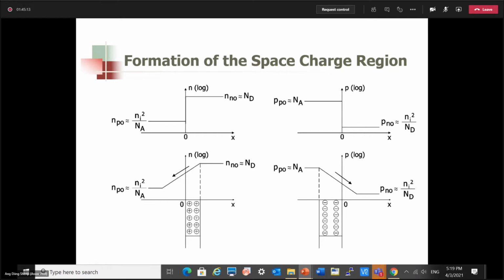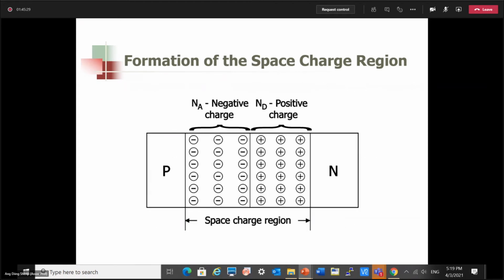Hi, Professor. Can you repeat why it is that we do not need to care about the region beside the space charge region? Like where? Where, you mean here?